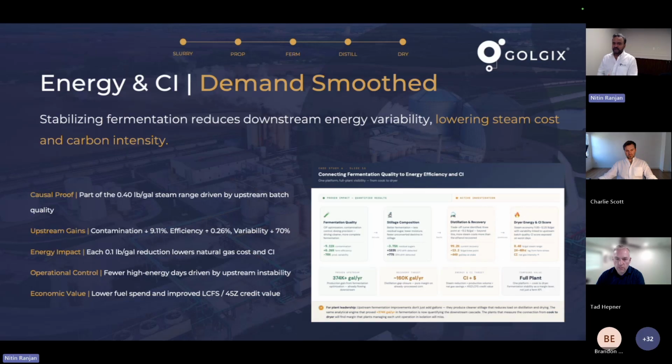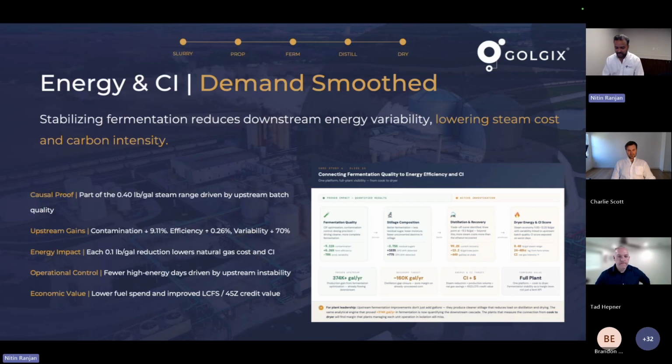And this case shows how the same engine extends into the back end, connecting batch quality to metrics plant leadership actually cares about, which is steam cost, natural gas intensity, and CI score. And so if we can control the variability upstream, you have a direct effect downstream as well.